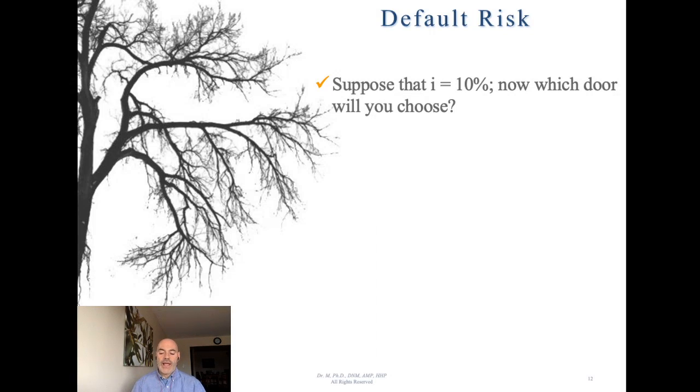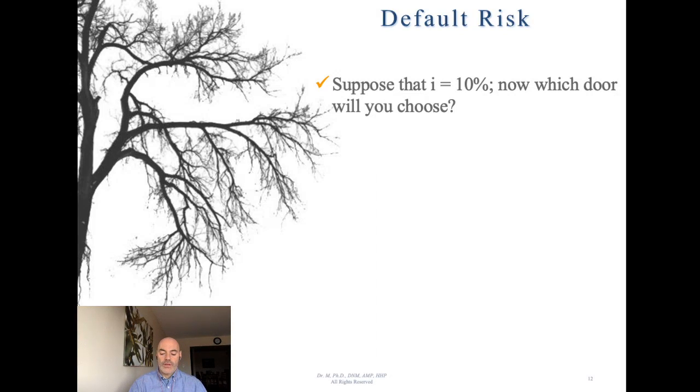So the present value of door number one when interest rate is equal to 10% is you take the future amount, which is $120, divided, or stated in financial terms, discounted by 1 plus 0.1. And that is going to be $109.10 as we discovered in the previous slide.